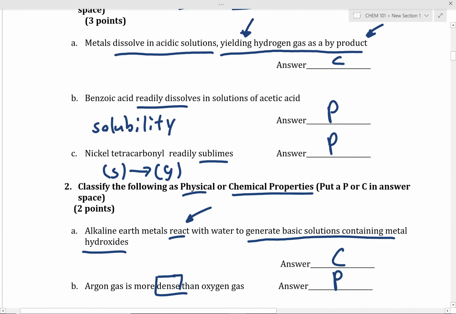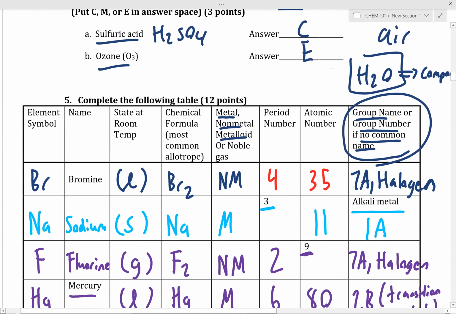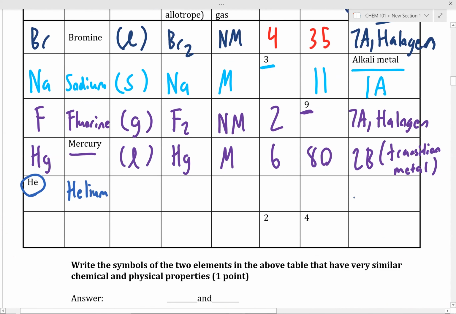And that's really important because if we can identify the group identity, since helium is a noble gas, what is the physical state of helium at room temperature? Gas. And are noble gases monoatomic, diatomic, or polyatomic? Mono, right? So they would just be He.